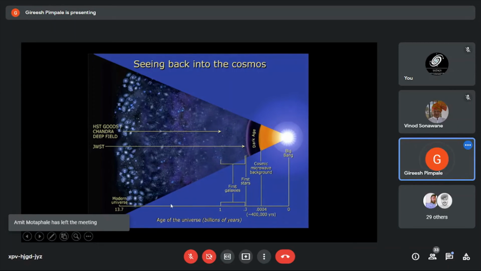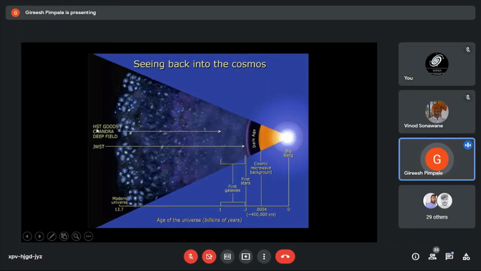See, with decreasing numbers. That is, this is 13.7 billion years, and this is 0 billion. So when we go from left to right, we are going into the past of the universe.